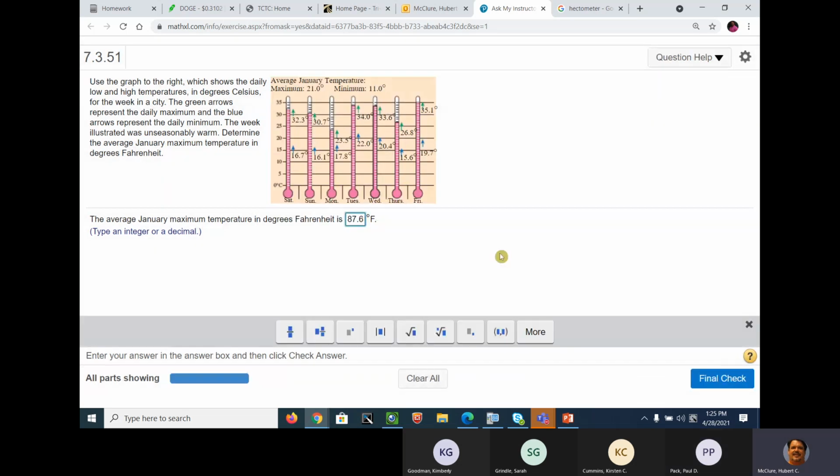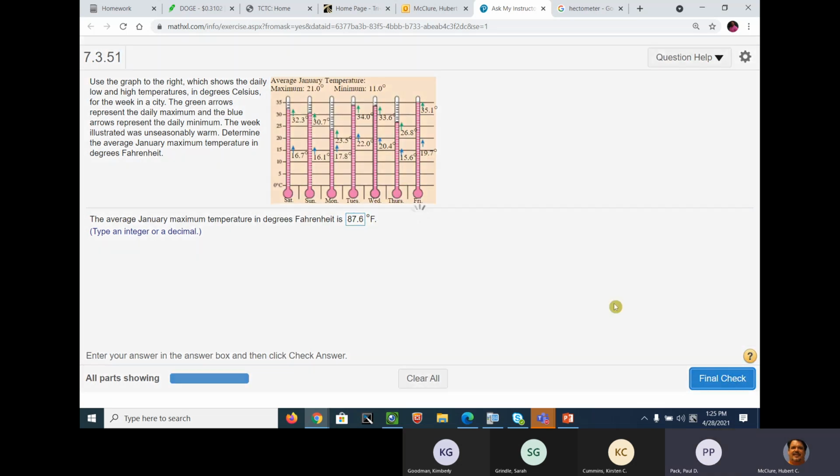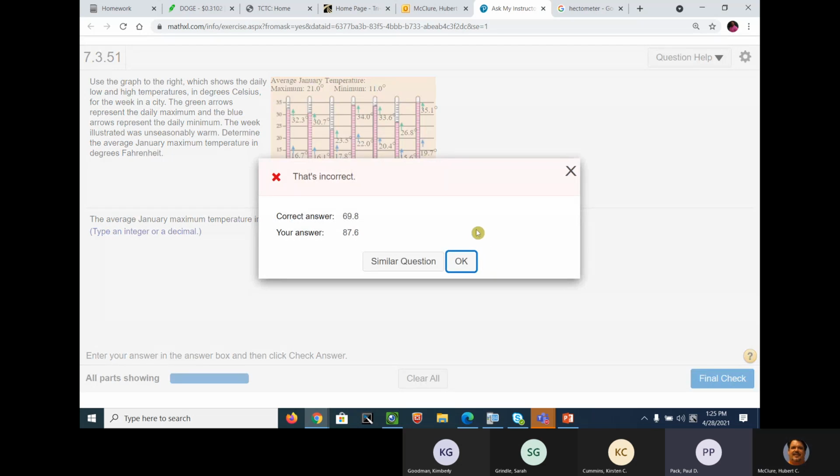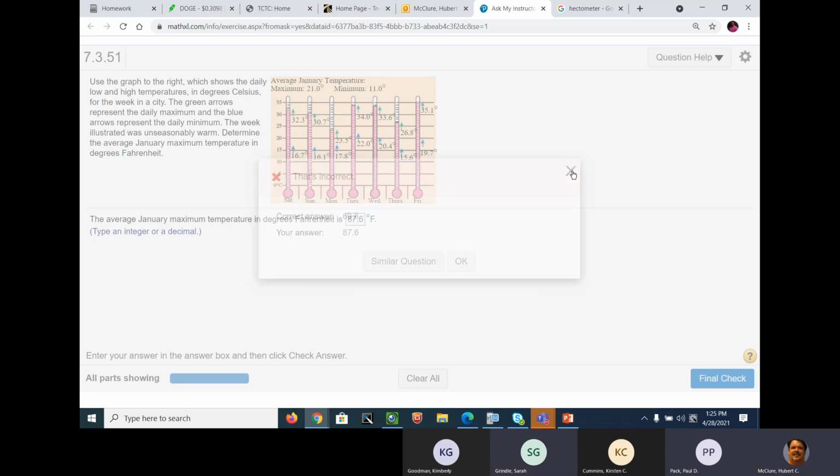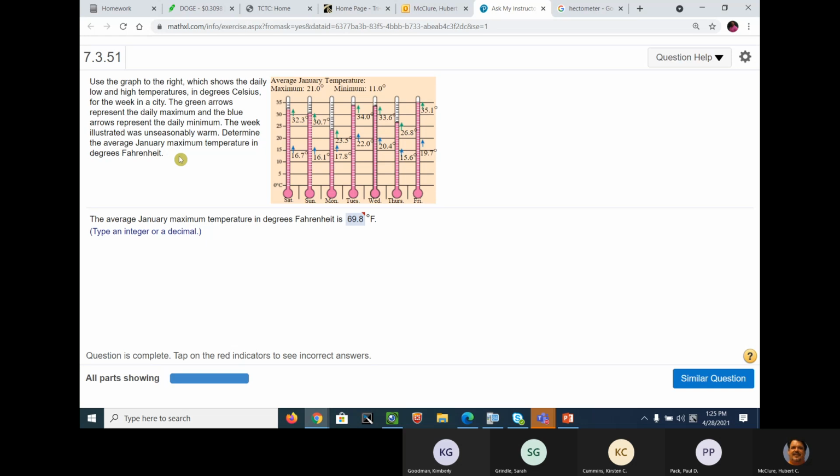Okay, I have no idea what the answer is, but do you want to try 87.54? No. What is it? It's got 69.8? Just determine the average January maximum temperature in degrees Fahrenheit.